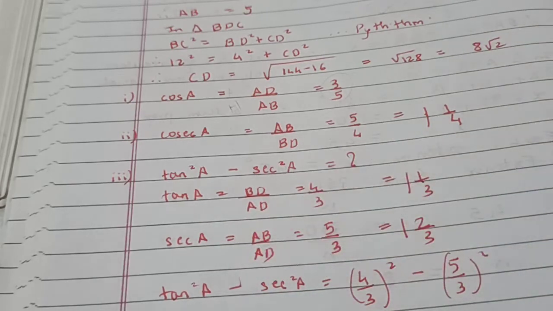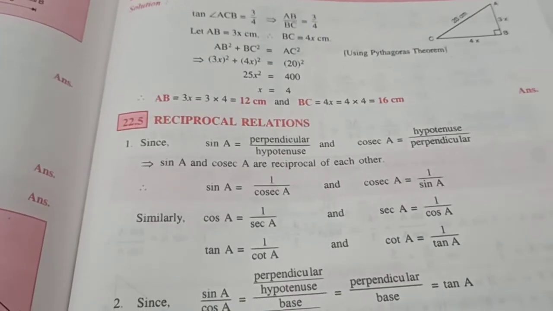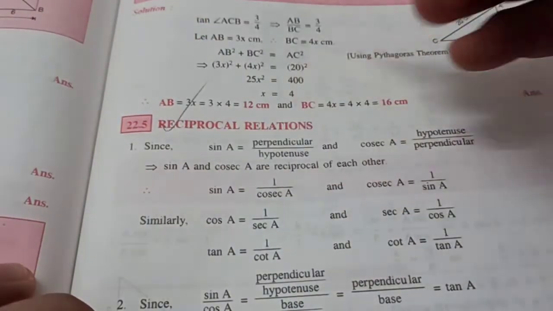Sec A. What was the formula for sec A? Think about it. It was the reciprocal of cos. So that's hypotenuse upon adjacent. All the reciprocals are mentioned for exercise B. So if you want to reference this, you just pick it.